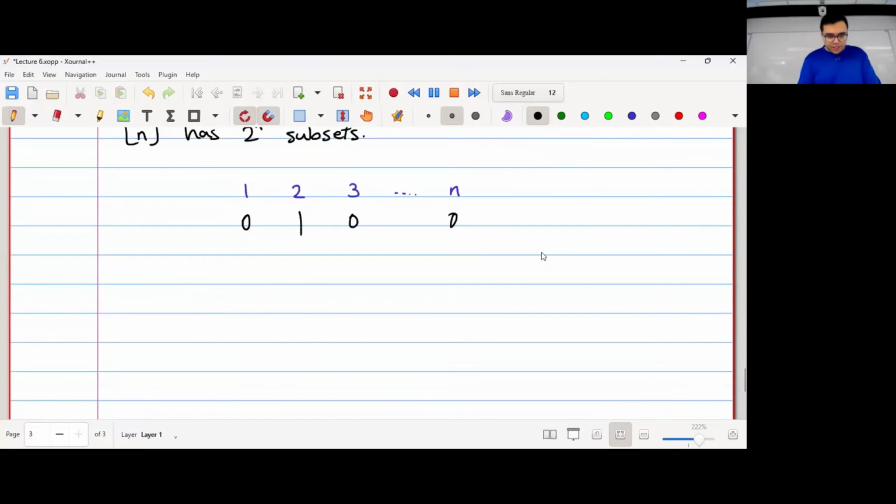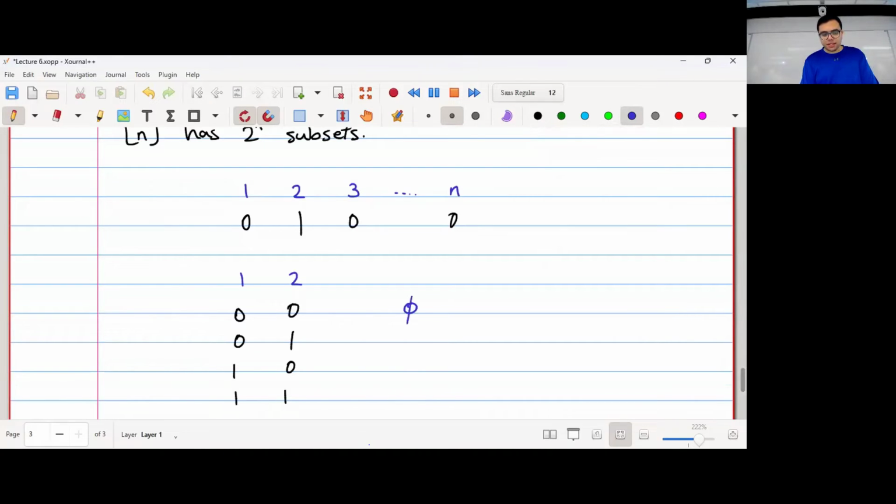So as a very simple example, let's say my n is 2. So my set is just 1 and 2. Now, what are the sequences that I can have? I can have 0, 0; 0, 1; 1, 0; and 1, 1. Okay. So 0, 0 corresponds to the case where I'm not taking any of these two elements into my subset.